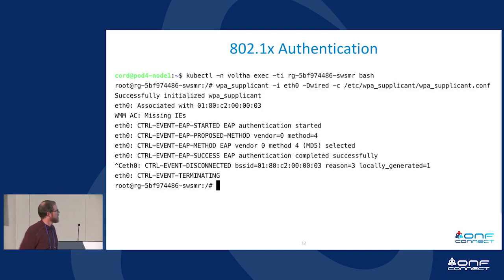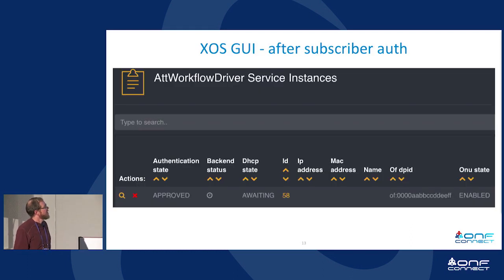Then it just hangs, so you hit Control-C and get out of that. Now authentication has happened. If you look at the XOS GUI, this same AT&T workflow driver service instance, now the authentication state has gone to approved. So the authentication succeeds. ONOS generates an event on the Kafka bus that goes up to XOS, and XOS sees that the state has changed.